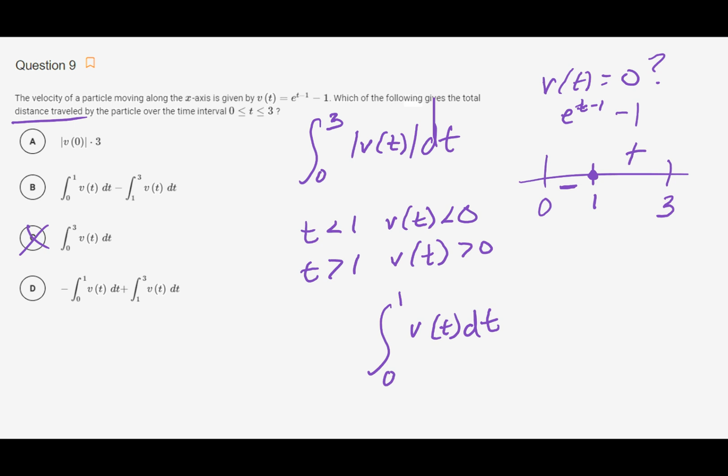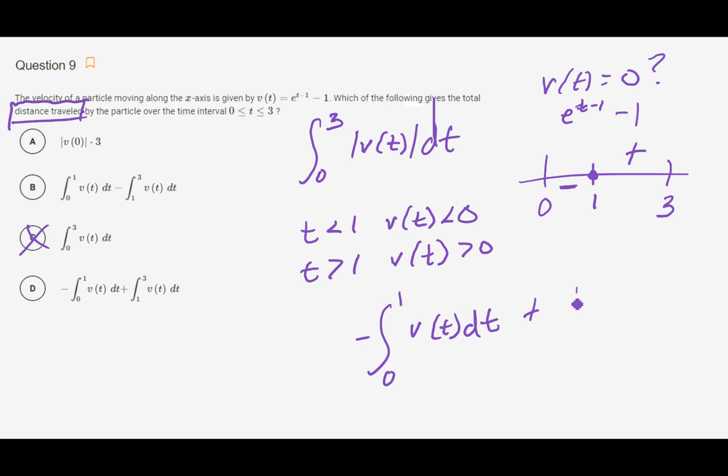Since they're asking for total distance traveled, I want to negate that negative by putting a negative out front. We know this is negative, so I'm going to negate it by putting a negative out front.